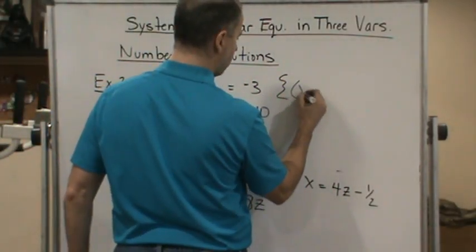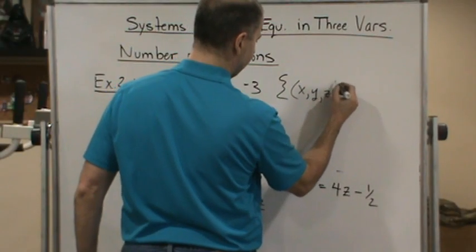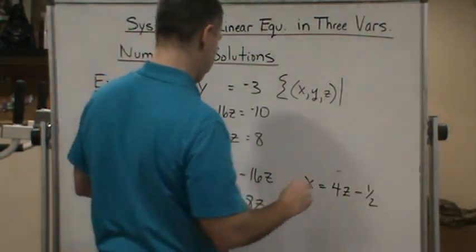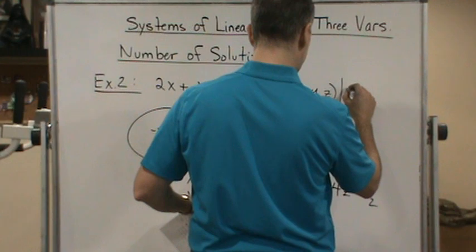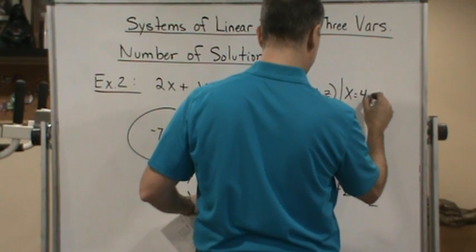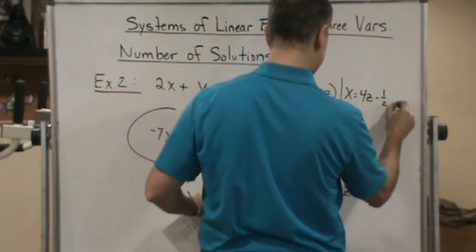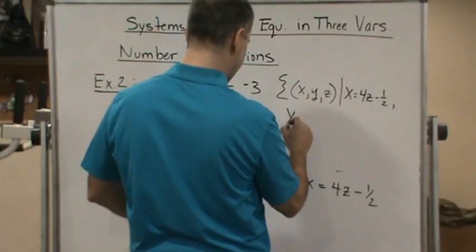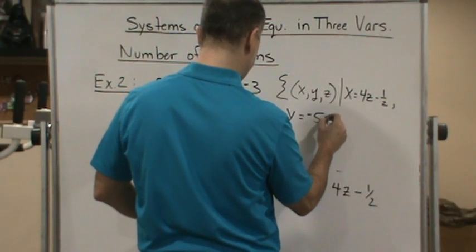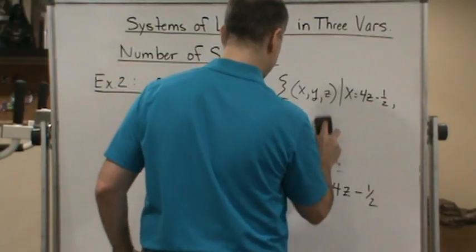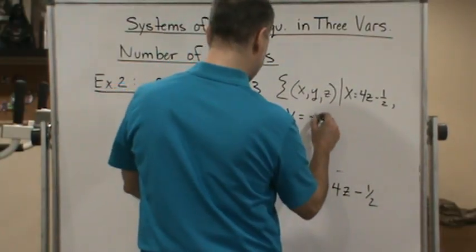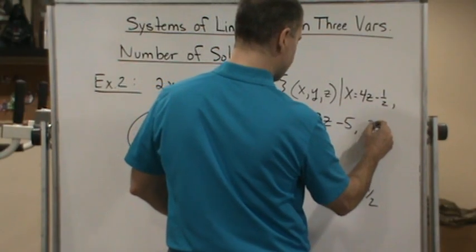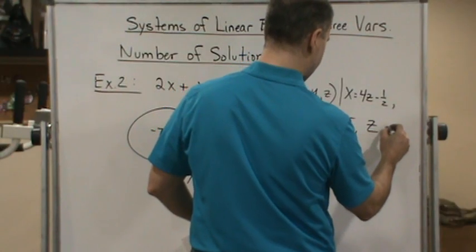The set of all ordered triples x, y, and z, such that x equals 4z minus 1/2, comma, y equals negative 8z minus 5, comma, and then z is any real number.